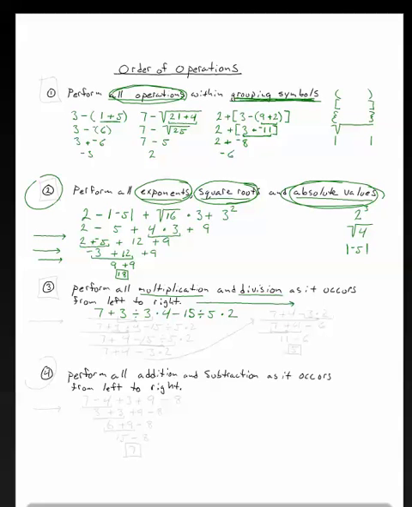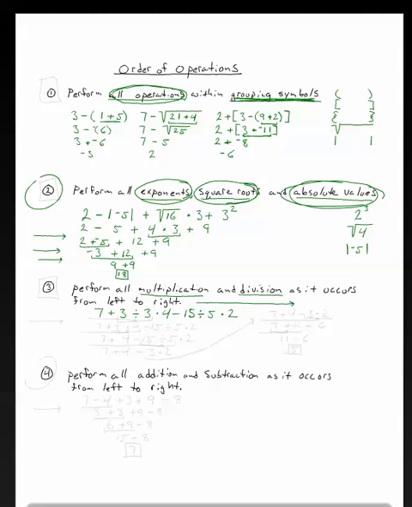I know that the first thing I would do is all operations that are within grouping symbols, but there's no grouping symbols in here. So then I would evaluate any exponents, square roots, or absolute values, but there's none of those in here either. So now I'm going to do my multiplication and division as it occurs from left to right.